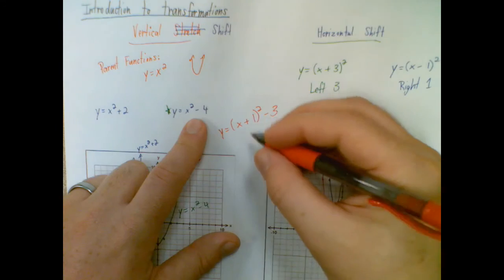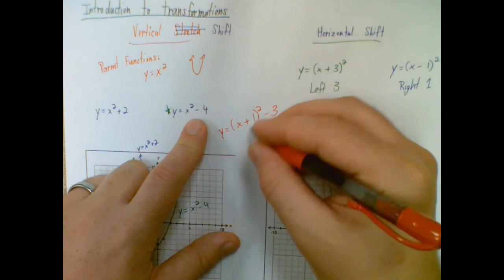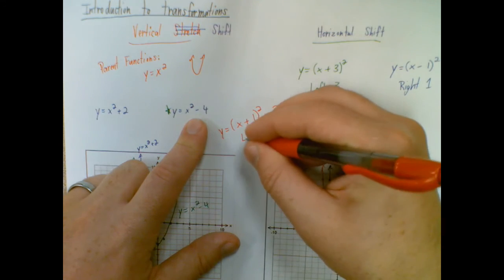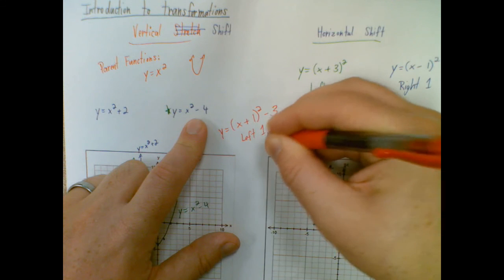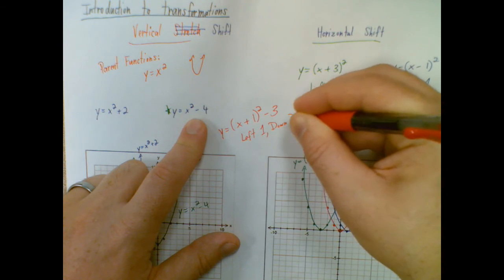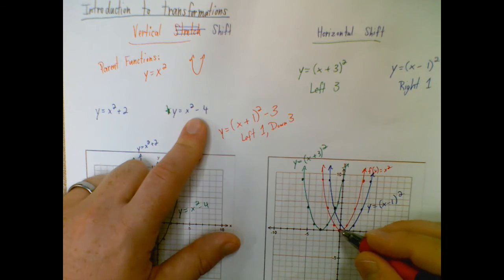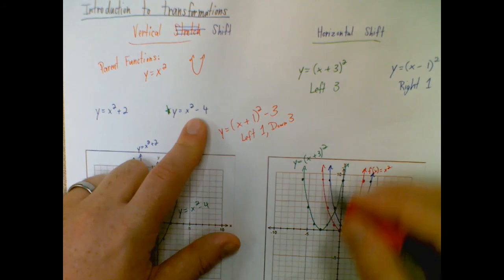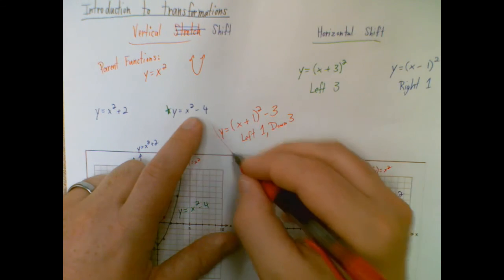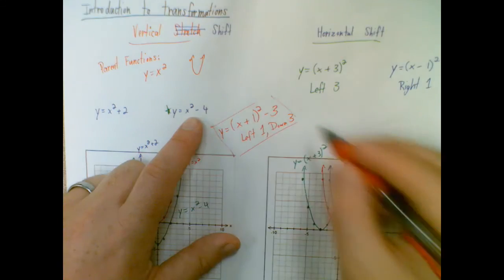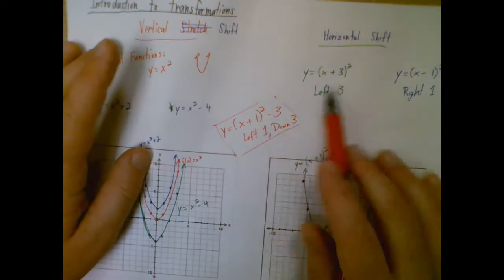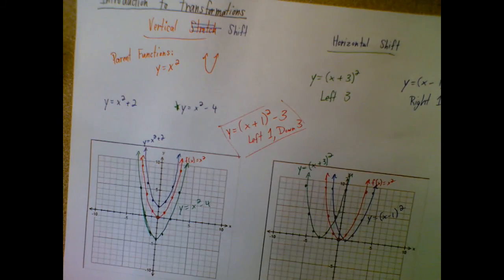You will have this one, which is, remember, backwards because it's inside, so that'll be left 1, then down 3. You would do that all in one go: left 1, down 3, for each point. So it's possible you may even see ones like this. You're just going to be putting these together and playing around to see what you get.